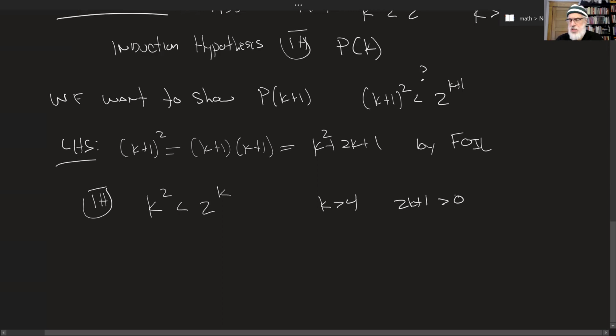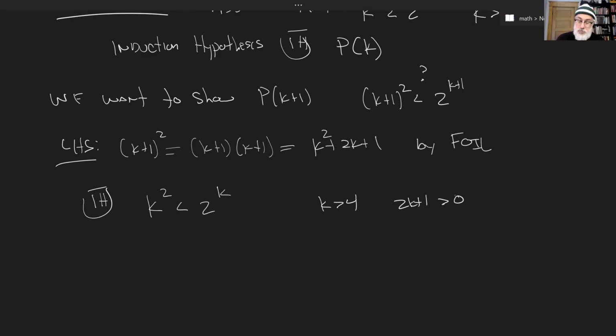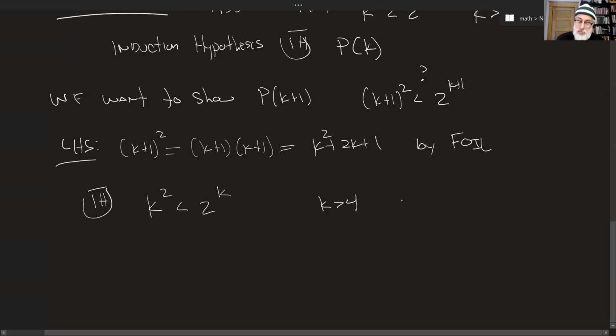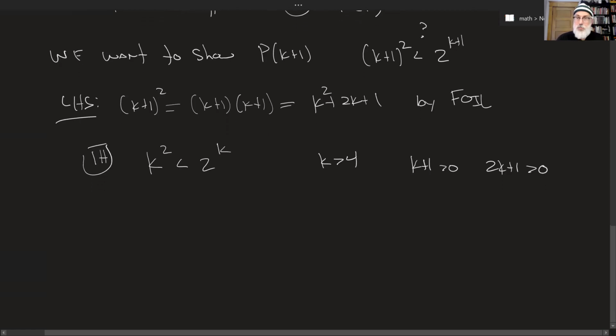In other words, 2k plus 1 is going to always be positive. So 2k plus 1 is greater than 0. Now, why do I care about 2k plus 1? Well, I'm going to add 2k plus 1 to both sides of this inequality, to both sides of the induction hypothesis.